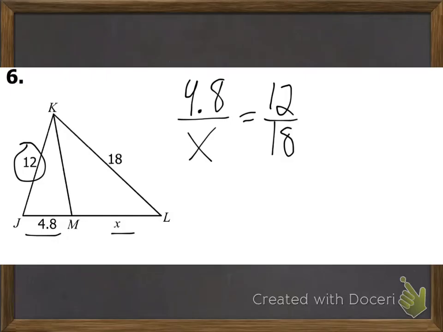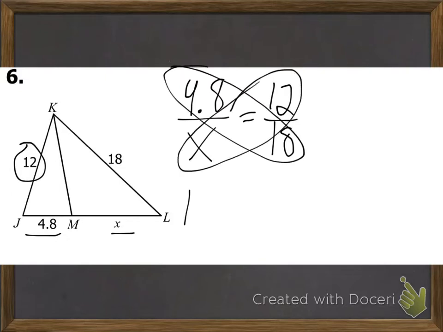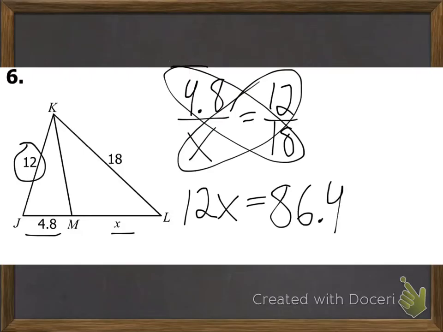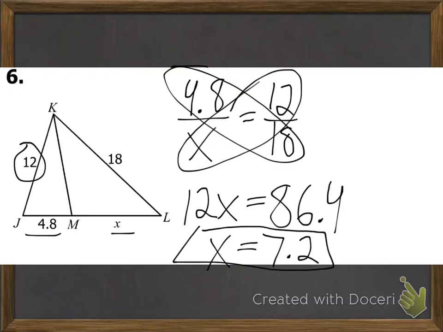Now we cross multiply. Just like that. So we're going to get 12x, and then 4.8 times 18 is going to give me 86.4. Divide 12 from both sides, and your final answer for x is going to be 7.2. And I'm going to ask that you leave it in decimal form in this case.